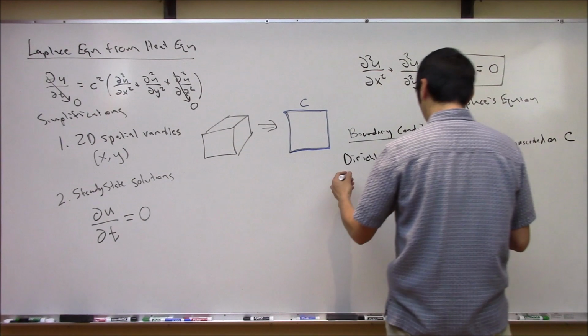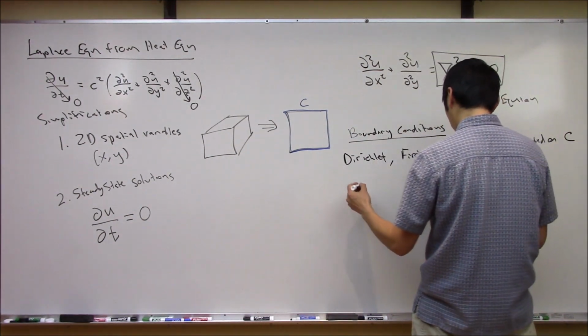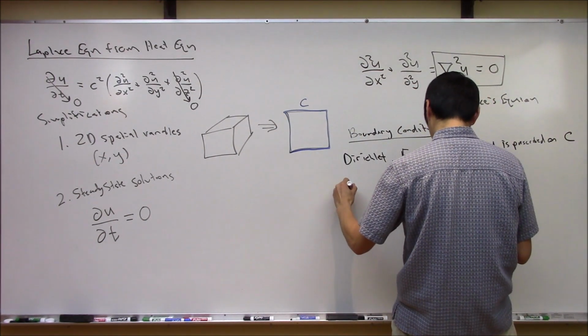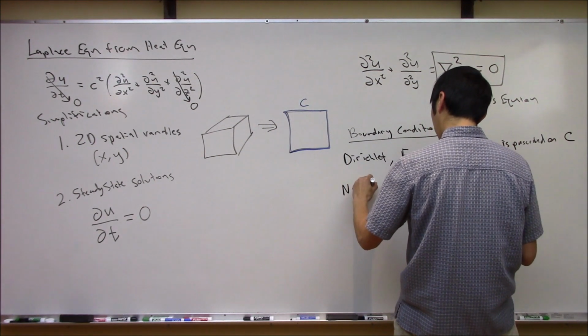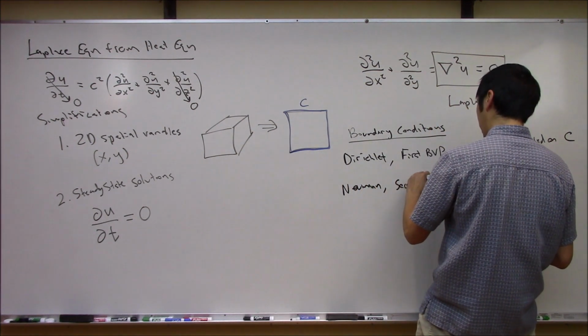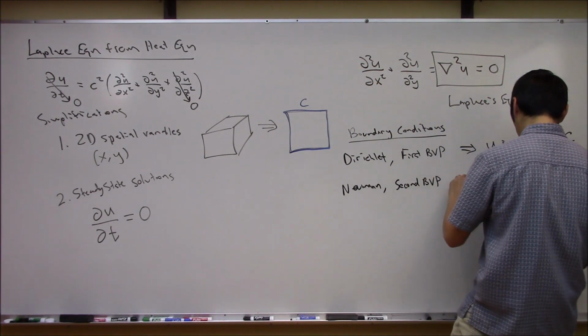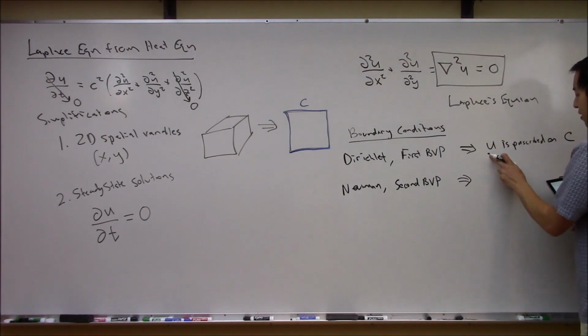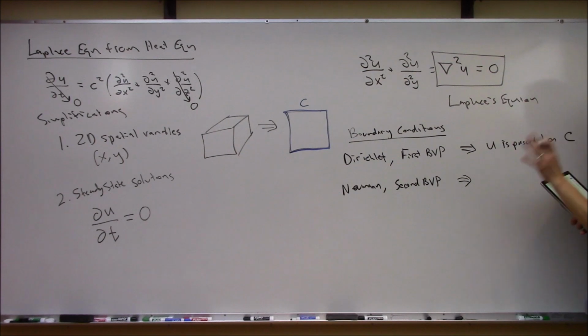You could also have what's referred to as a Neumann problem, or a second boundary value problem. This is if, instead of specifying the temperature distribution, you specify the derivative of temperature with respect to the normal direction.